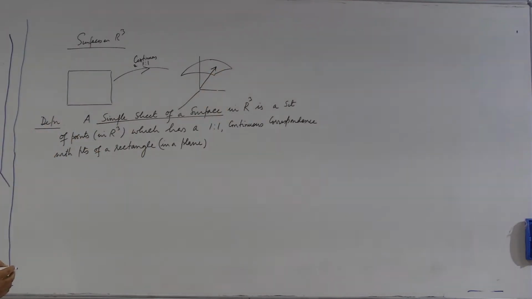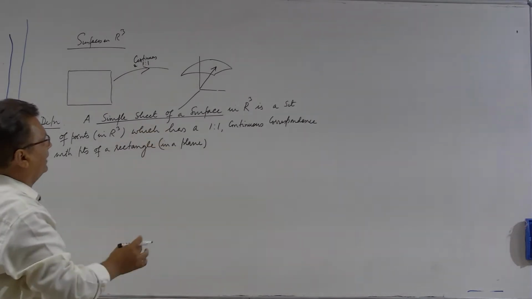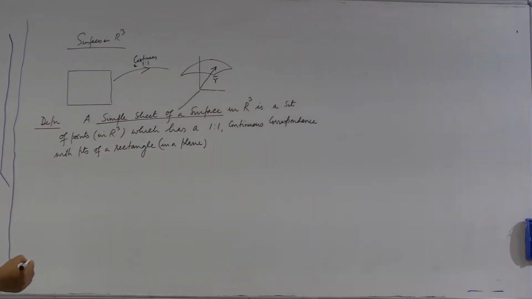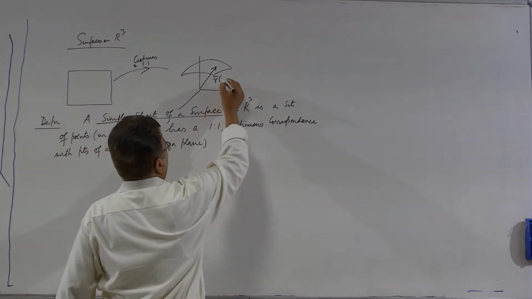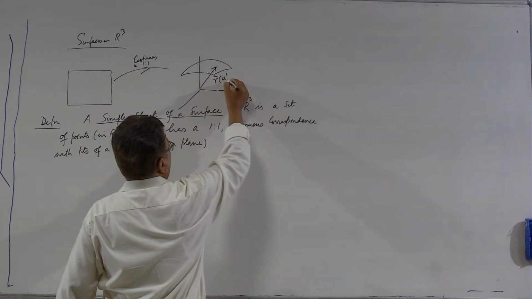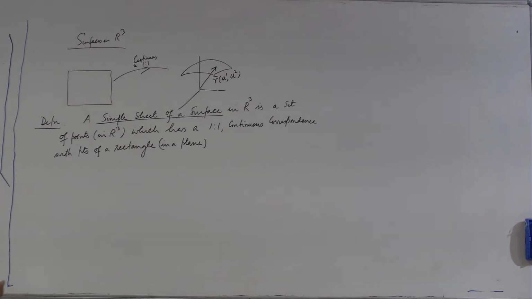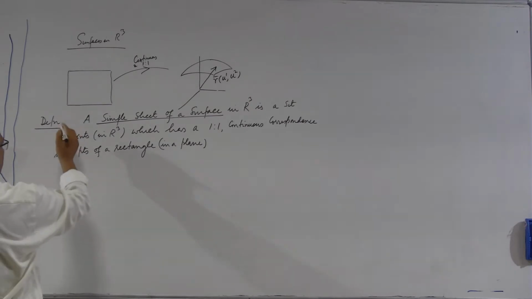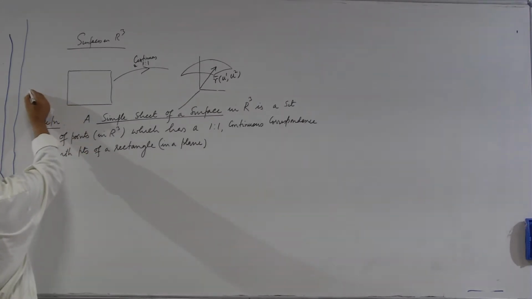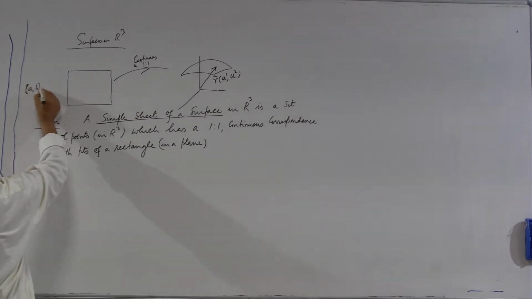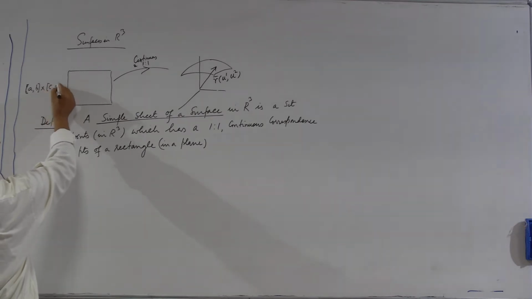Okay. So, now if I take a point on this sheet, then this must be a vector in R3, because this object is lying in R3. So, the position vector of every point on a simple sheet of a surface is a vector, and this vector will be a function of two variables u1 and u2, where u1 u2 are coming from this rectangle. This rectangle is in fact the product of an interval [a, b] and an interval [c, d].